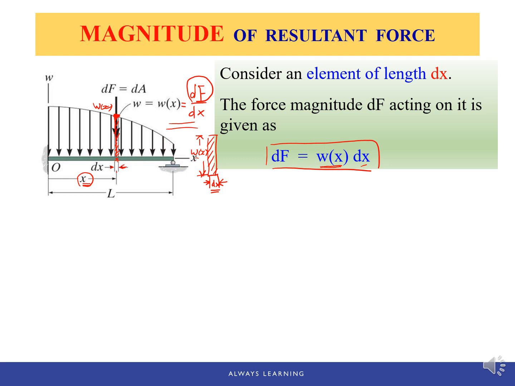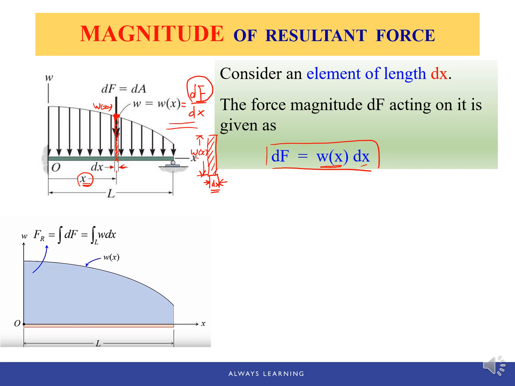So the total force would be the sum of all the differential forces, and when we have an unlimited number of elements, when we add them together, that means we're going to integrate them. So the overall force, the resultant force of the distributed load, equals the integral of the differential force dF, which is actually the area under the curve. So that's actually the meaning of integral.